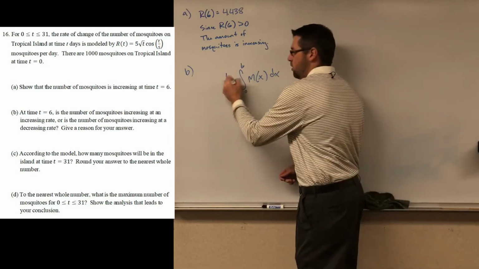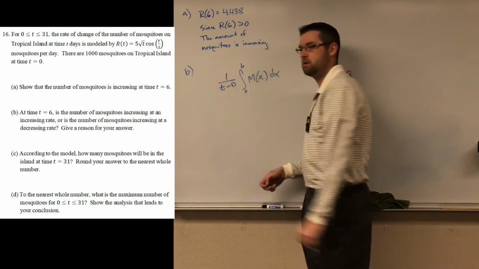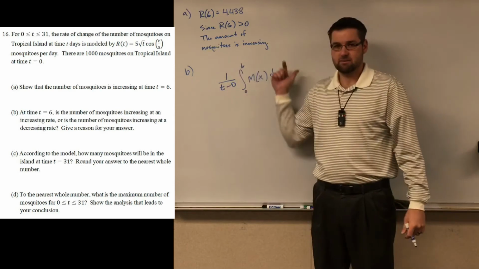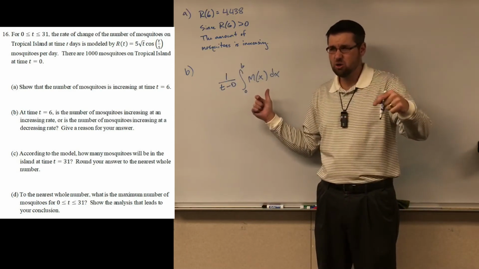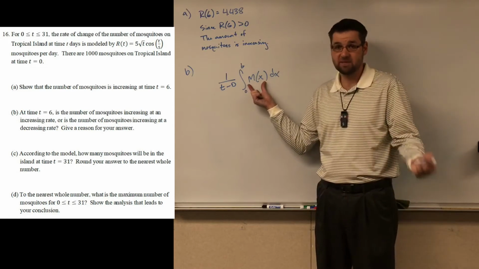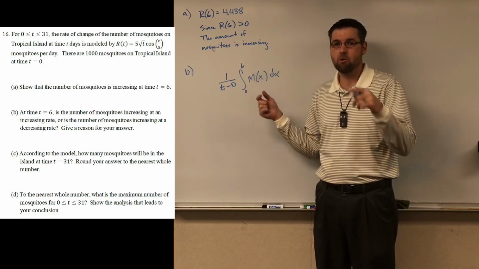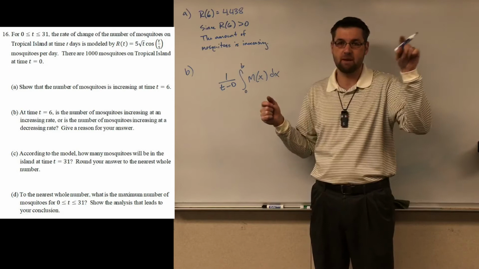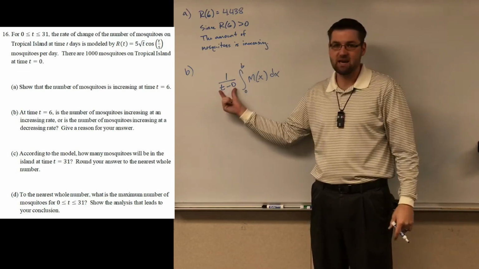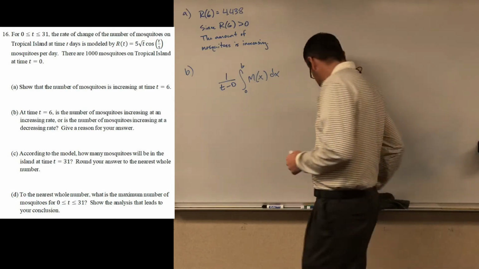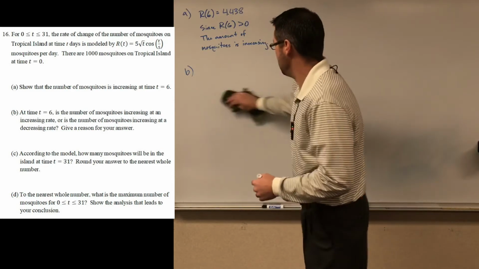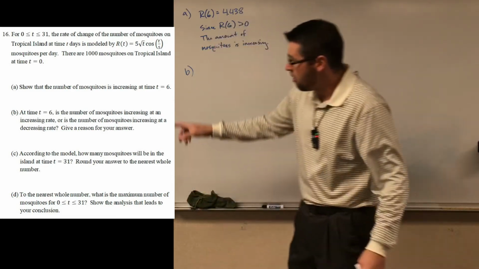But if I do this, 1 over t minus 0, what is this? It's the average value of the number of mosquitoes. So there is a point where you will take the integral of an amount, but then you'll divide it by a time interval, and it gives you the average amount. Okay. All right. In fact, that might be the case here. I don't know.